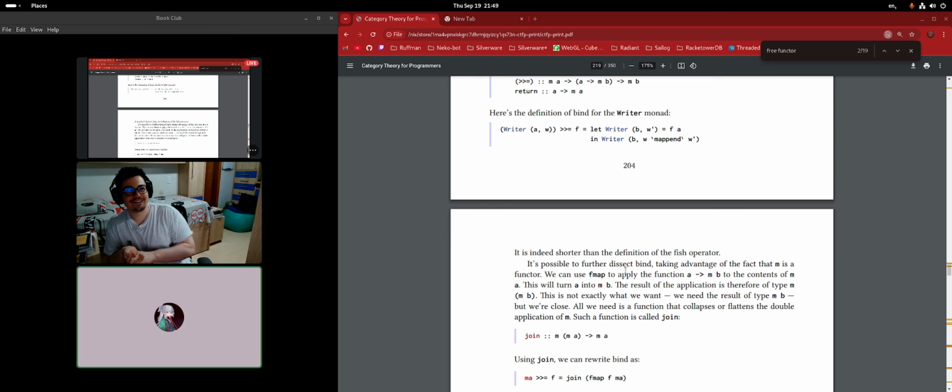I'm of the opinion, this is not a fact, this is an opinion, that names are the go-tos of data. Okay, elaborate on that, we have time. Well, in the same way that go-to leads to all kinds of messy control flow and loss of abstraction, right?